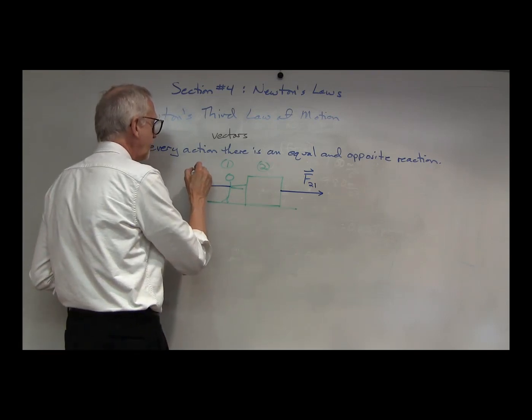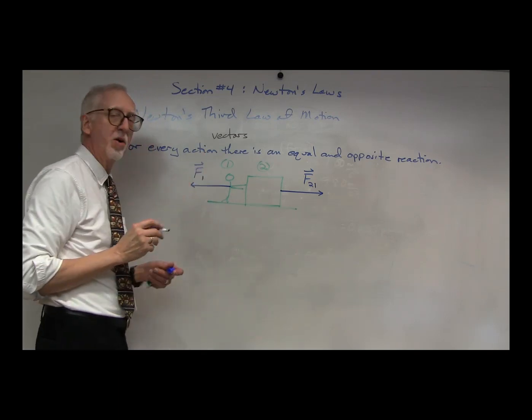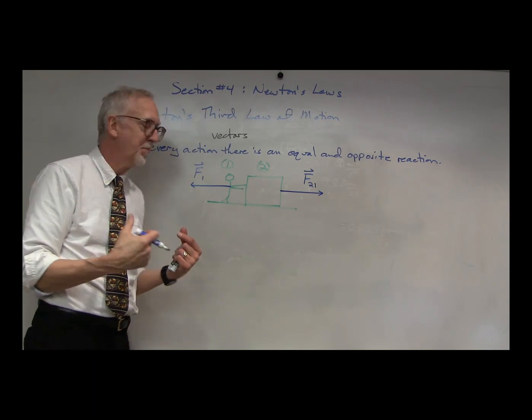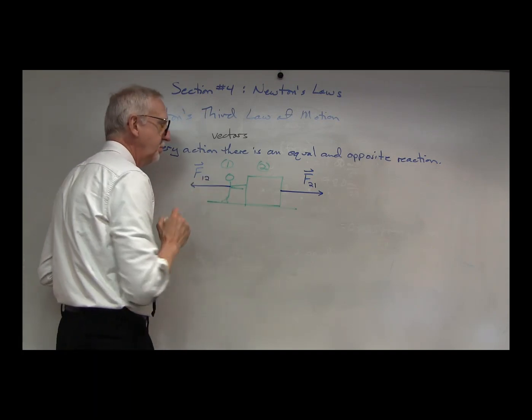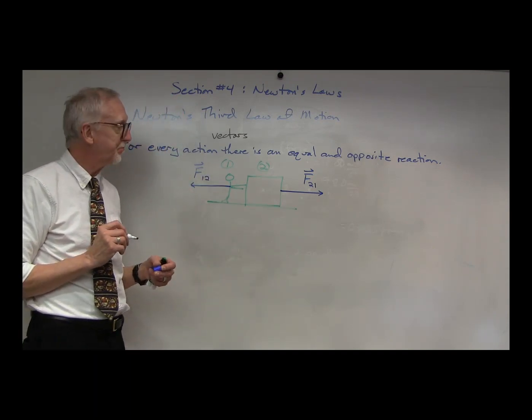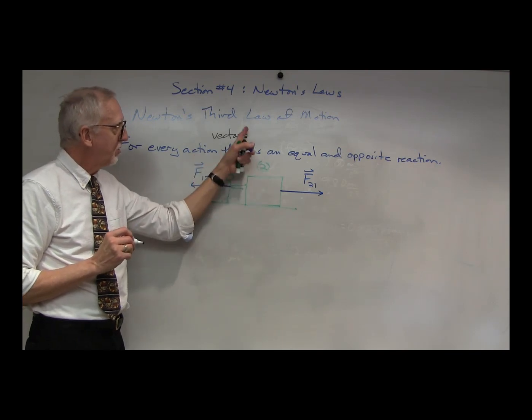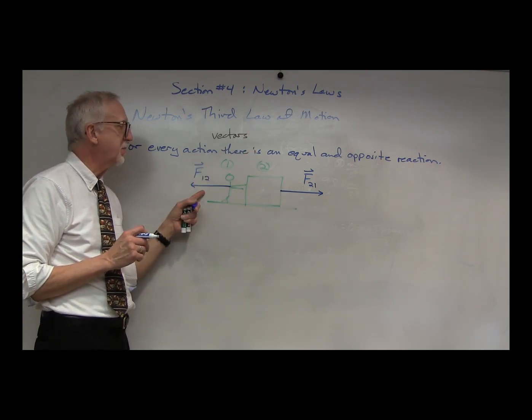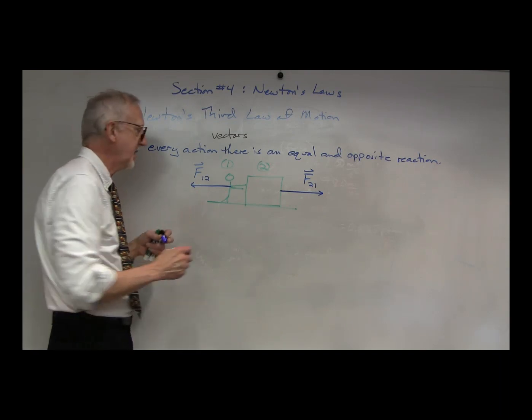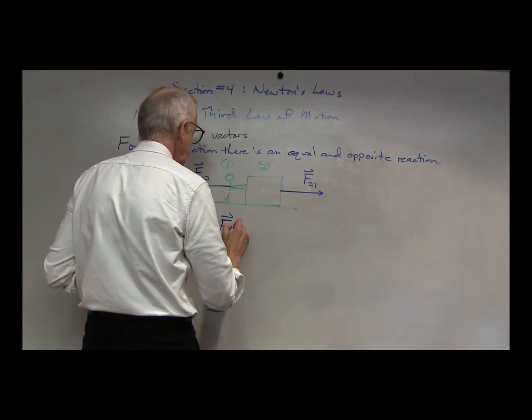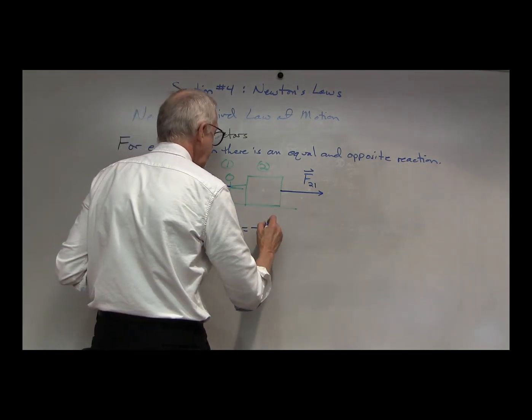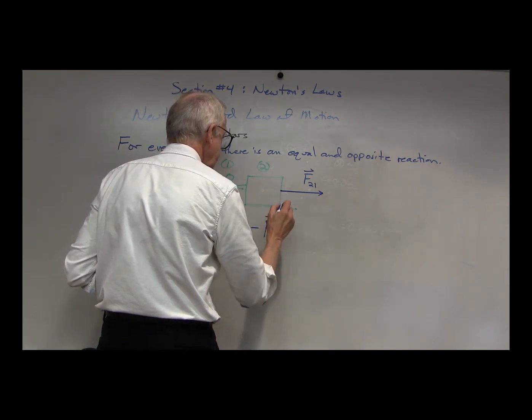We'll call this force F1, that's the force acting on object 1. And then from object 2, we'll say F12. What Newton's third law says is that these two forces must be equal and opposite. In other words, F12 must equal the negative of F21.